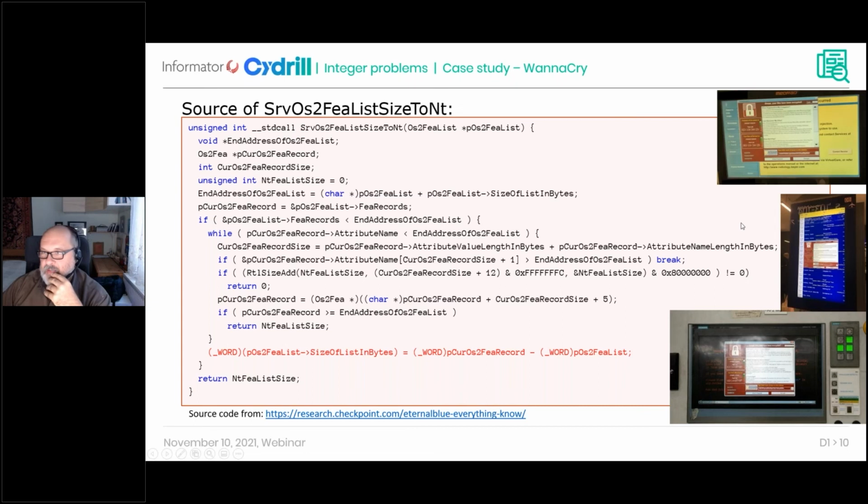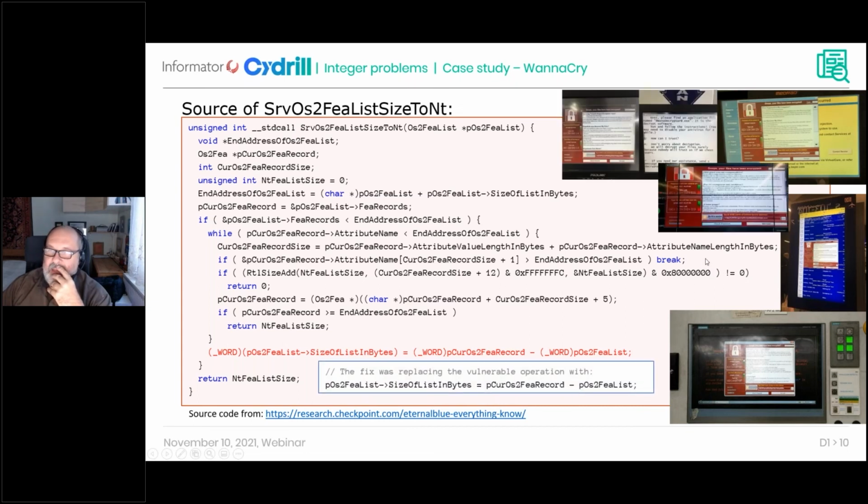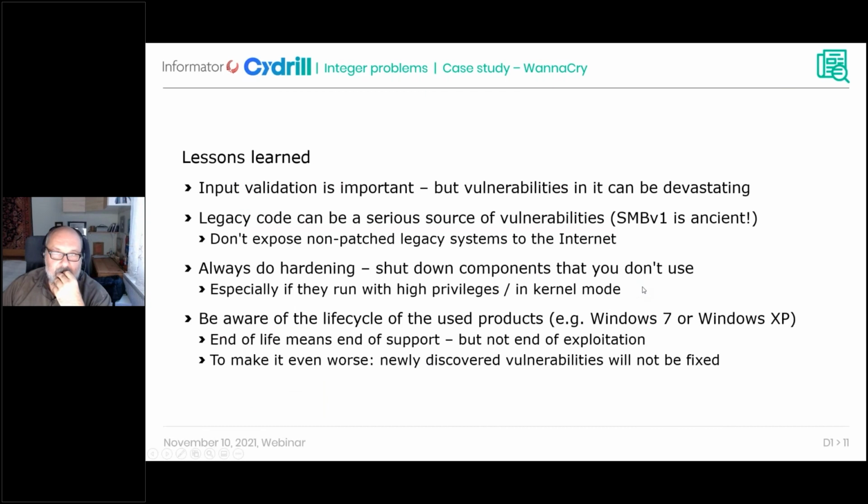As you may remember, many embedded devices, ATMs, or billboards that may still have been running Windows XP were infected by WannaCry. So what are the lessons learned?